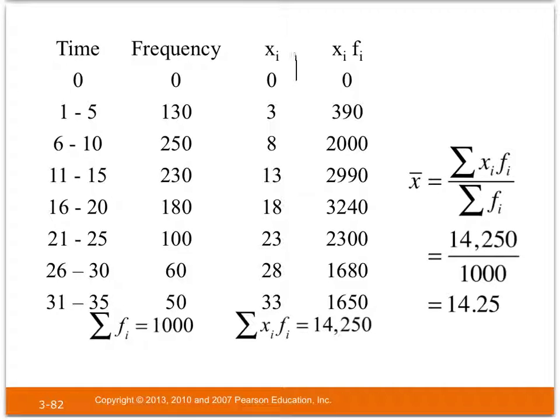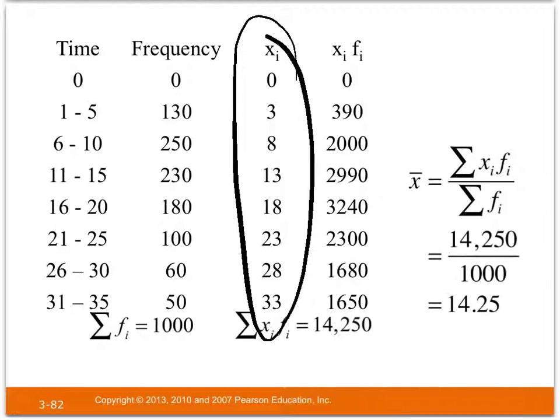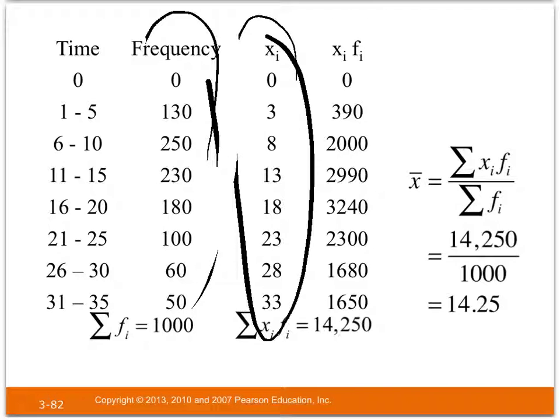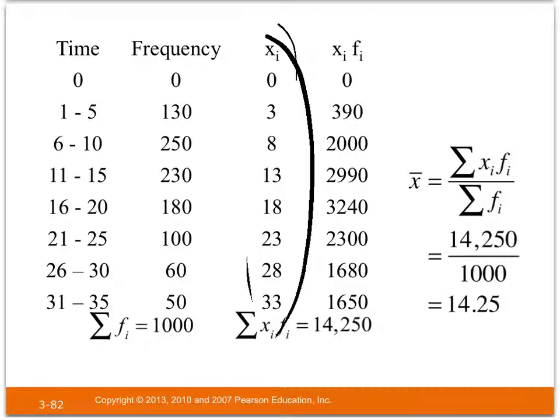So we've calculated the midpoints and we put them in this column here, okay? We know our frequencies from our chart, and they're in this column. And the important thing is we want to multiply them. Let me erase this real quick so you don't have to deal with all my marking up the screen. So we're going to take 0 times 0 equals 0. 130 times 3 equals 390.